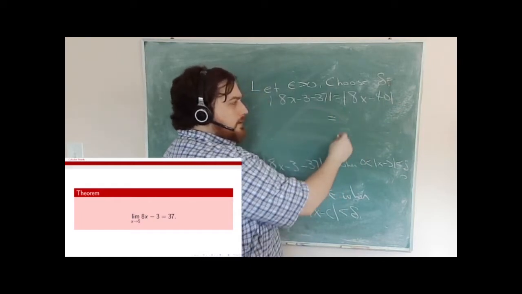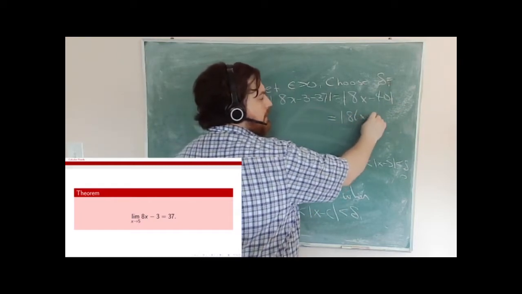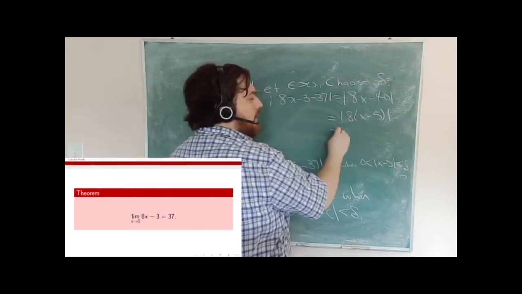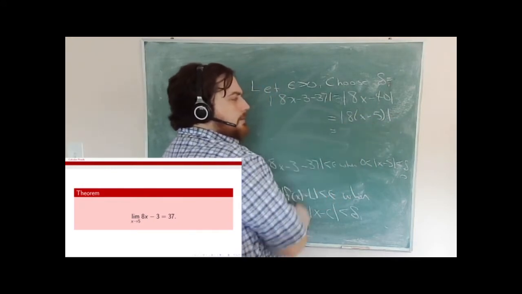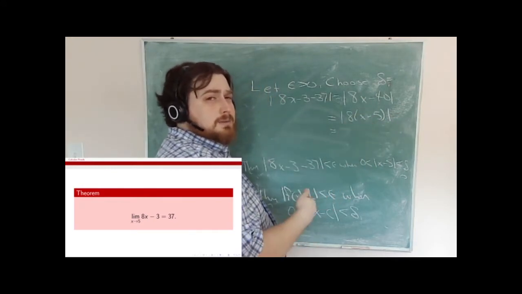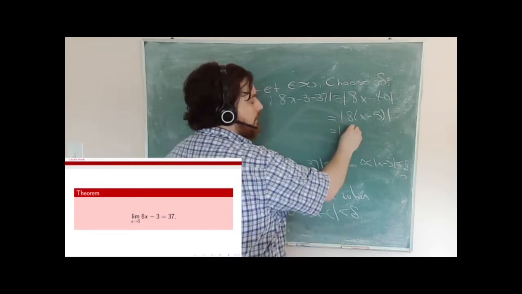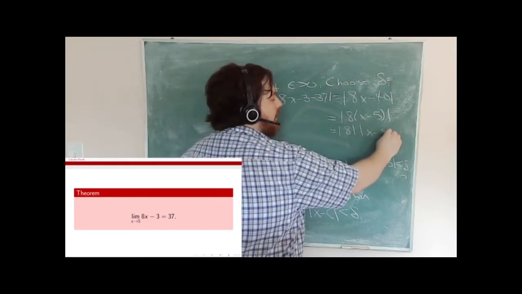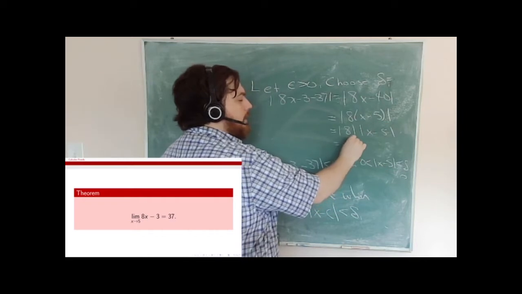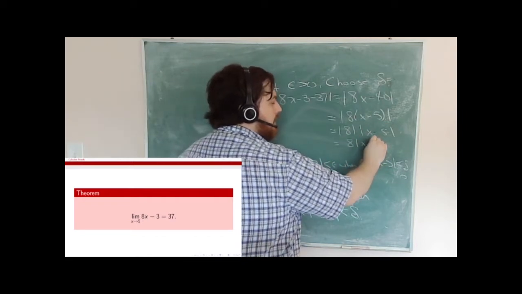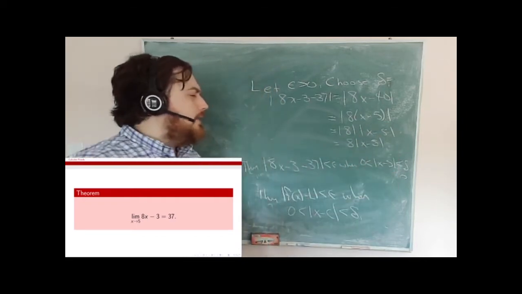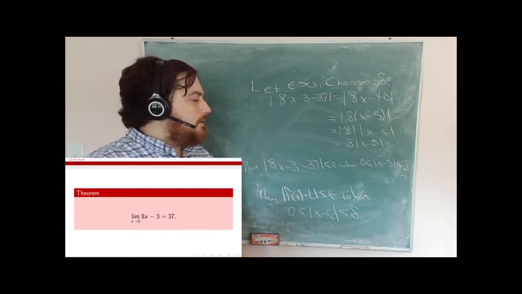So I can factor out an 8, and I get |8 times (x minus 5)|. Now the absolute value of a times b is the absolute value of a times the absolute value of b. So I get the absolute value of 8 times the absolute value of x minus 5. But the absolute value of 8 is 8. So I get 8 times |x minus 5|.